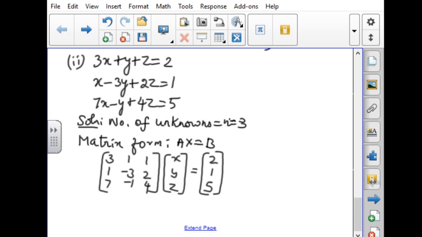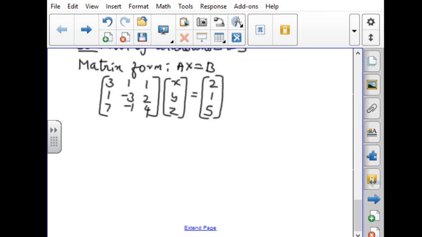Now we need to write down the augmented matrix.